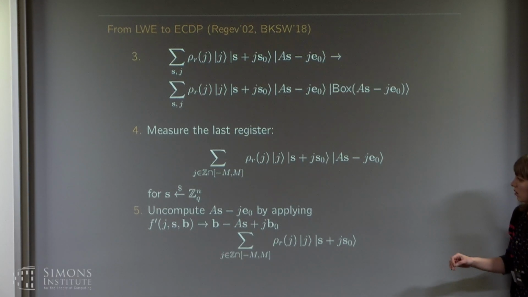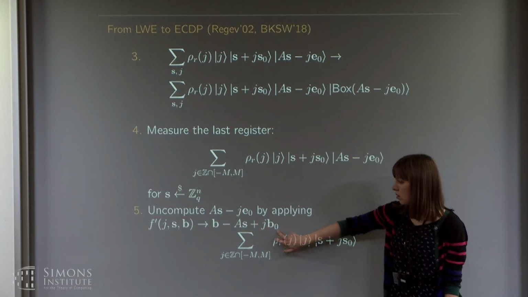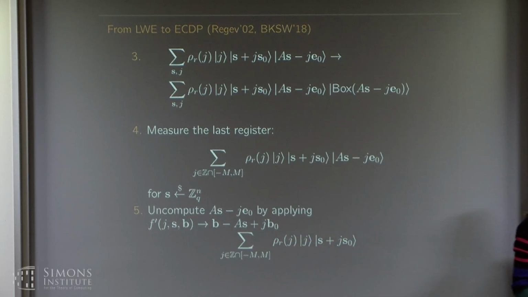Yes, E0 was here. B0 is A·S plus E0. That's where it disappeared.